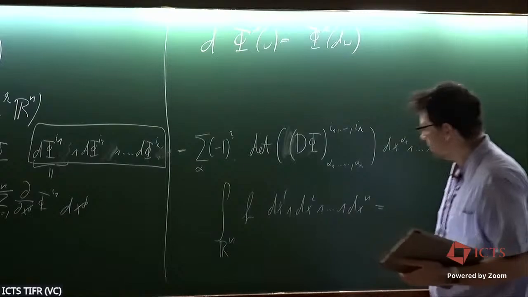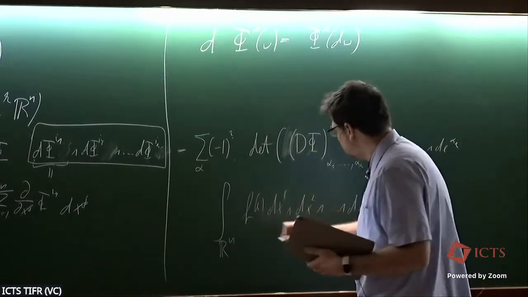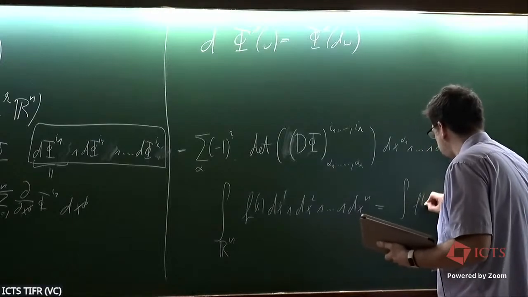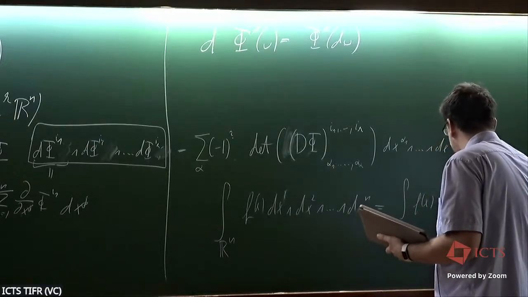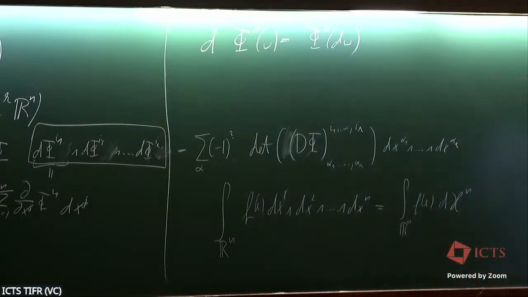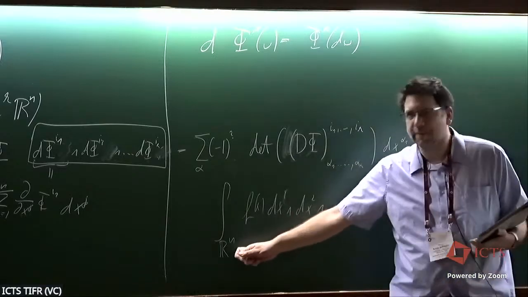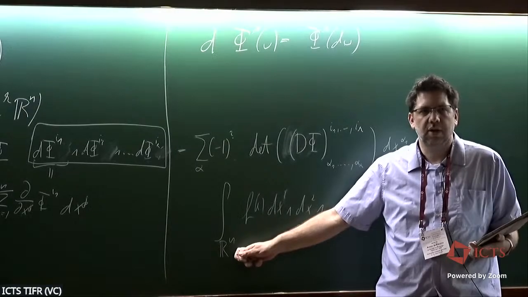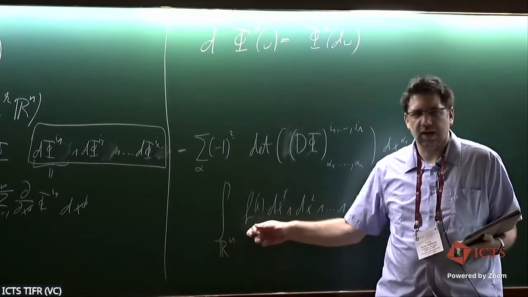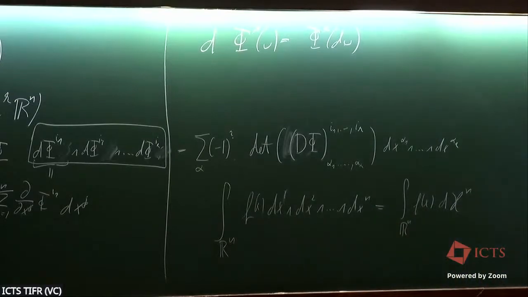So if I have dx1 through dxn and some f of x, what I mean by this is f of x in the sense of the Hausdorff or Lebesgue measure on R^n. That's how we integrate forms. So we can integrate n-forms on an n-dimensional space. Everything else doesn't make sense. A k-form on an n-dimensional space, we don't integrate.